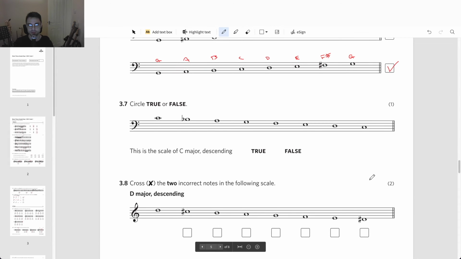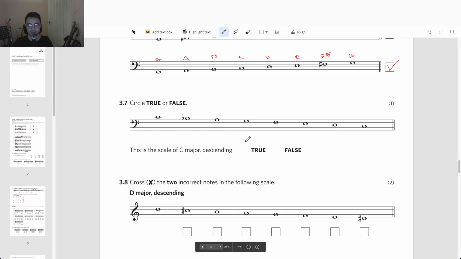All right, 3.7, true or false? This is the scale of C major descending. True or false? Well, it's false, but let's just go in and write the names of the notes down and analyze it. We're in bass clef. In the bass clef, this is the note of C. So it looks like we're getting off to a good start.